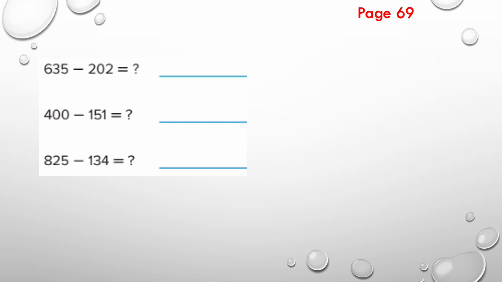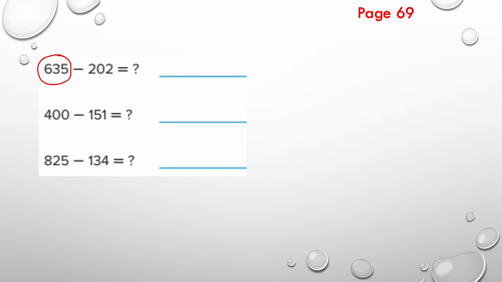Now page number 69. This is a subtraction equation. How can you make this into an addition equation? For the subtraction equation, the biggest number in the equation will be the first number. In the addition equation, the biggest number will be the last number.